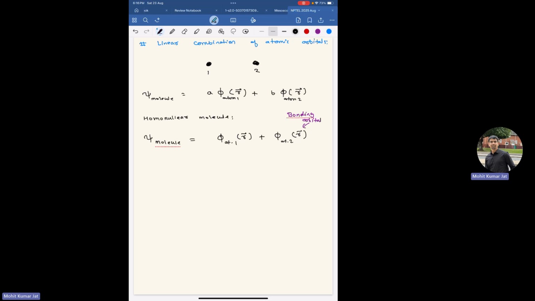And then there can be another one, which will be psi atom 1 at R1 minus psi atom 2 at R2, and this will be anti-bonding, and they lead to the splitting of these orbitals, right?